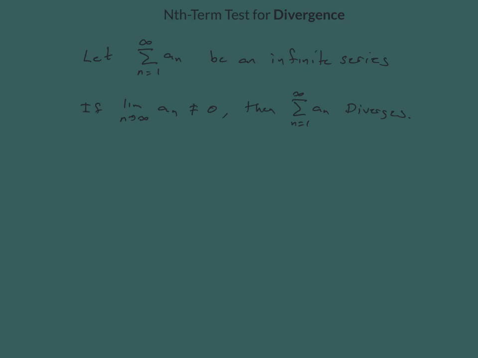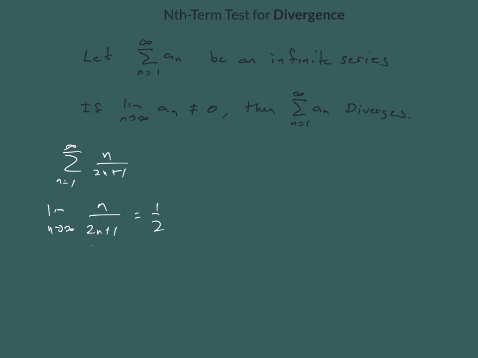And so remember on that one too, if I had the series n over 2n plus 1, I take the limit as n goes to infinity of n over 2n plus 1, and I know that's going to come out to be 1/2.